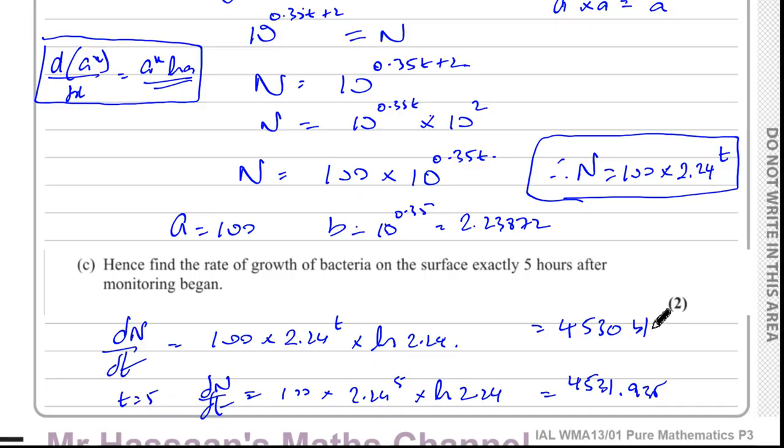So that's per hour. There's the answer, 4,530 bacteria per hour. So that's how we deal with that.